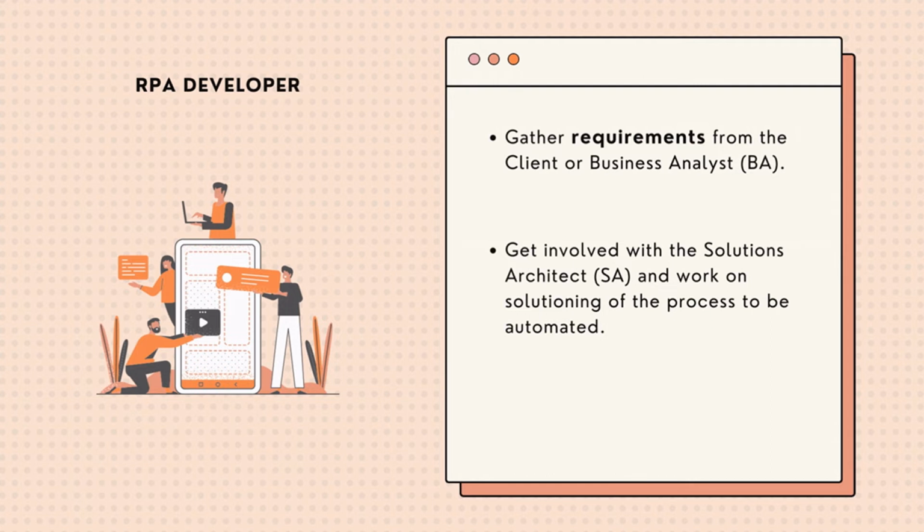Here, the architect is responsible for preparing the solution design document, and the RPA developer helps by providing some inputs. It also helps the RPA developer to know the architecture of the process and to achieve the end goal.